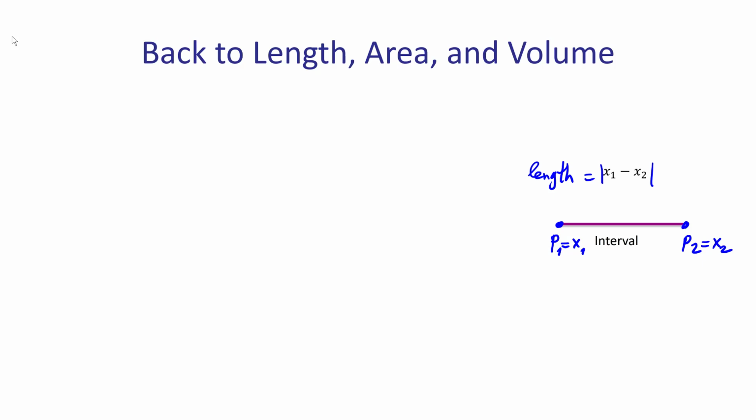This length we obviously could also write as the following determinant. So this determinant will be x1 minus x2, equals 1 over 1 multiplied by the determinant of x1, 1, x2, 1, which is exactly cross multiplication of x1 by 1 minus x2 by 1.